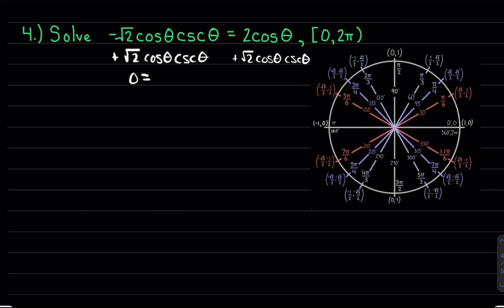And so I have, if I add these, they are not like terms. So I'm going to write, as I see, 2 cosine theta plus square root of 2 cosine theta cosecant theta. Now, if I look at this problem, both terms have a cosine in common, so I can do the GCF factoring here. Greatest common factor.